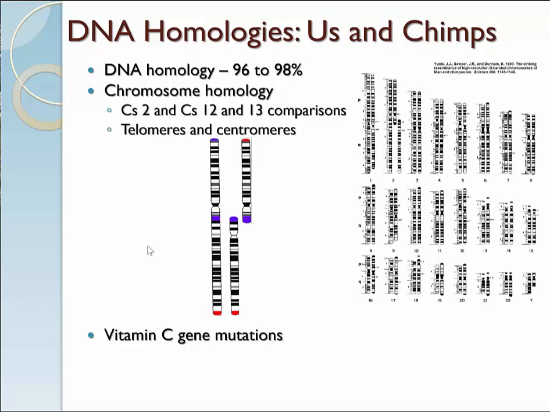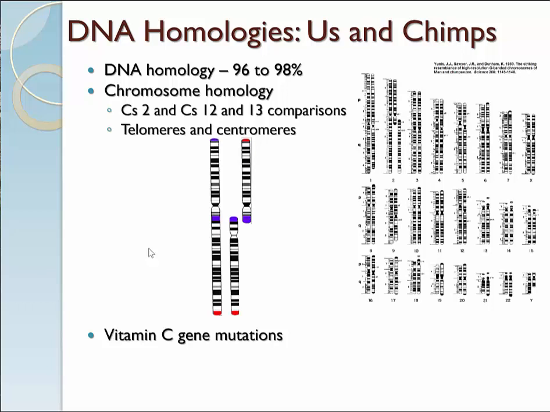And then we have in our genome genes that have basically become fossils, genes that were used in the past but have become mutated and no longer function. And one of these genes is the vitamin C gene. Most mammals have the ability to make their own vitamin C, but primates do not.